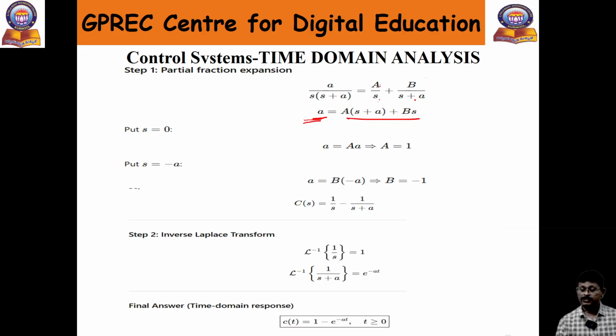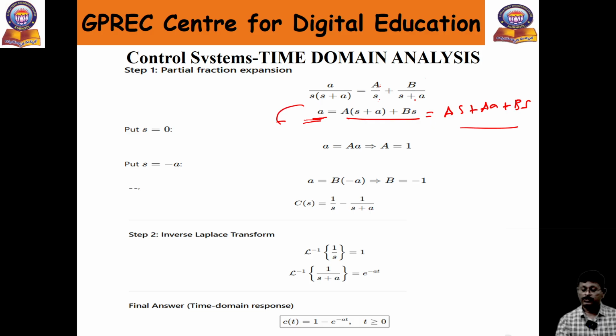On the LHS, only the constant term is there, there is no s term, because you can see here A plus Aa plus Bs. So the s coefficient is automatically 0. If you want, I can write it simply as Aa plus Bs, clear? Comparing LHS and RHS, the s term is 0.